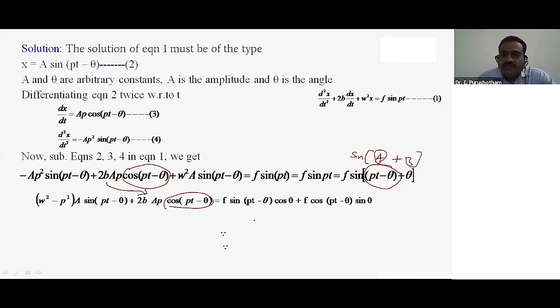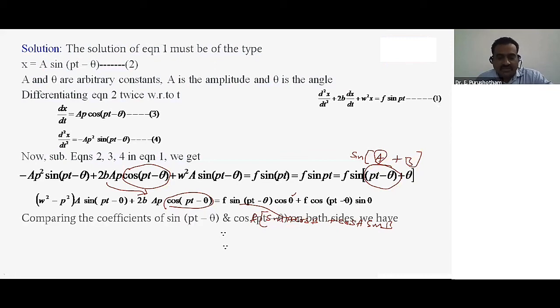So we can write f times (sin a cos b plus cos a sin b). Here sin a is sin(pt − θ), times cos θ, plus cos(pt − θ) times sin θ.